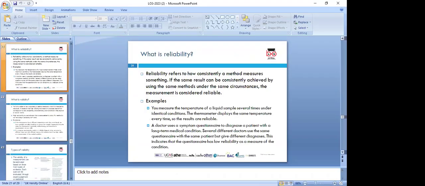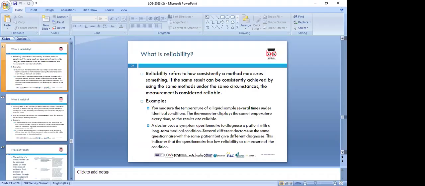Reliability refers to how consistently a method measures something. If the same result can be consistently achieved by using the same methods under the same circumstances, the measurement is considered reliable. For example, you measure the temperature of a liquid sample several times under identical conditions.